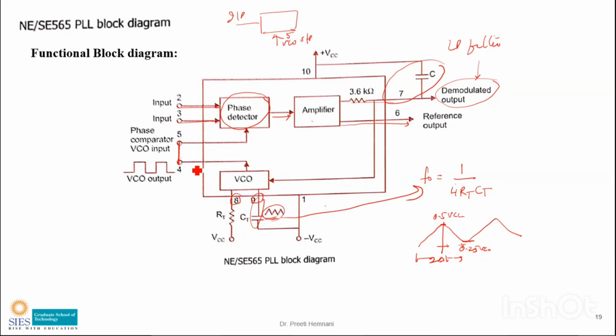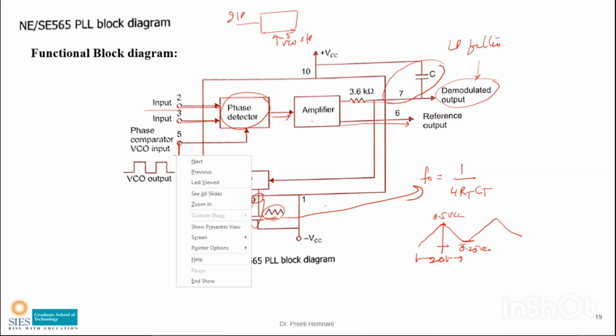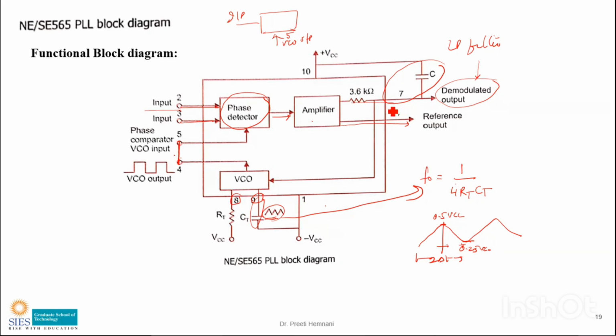The phase comparator has two inputs. One input we are giving directly and one is coming from the VCO output. So we have to short it. Now pin number 7 is connected to a low pass filter, and pin number 6 is the reference output without the low pass filter.